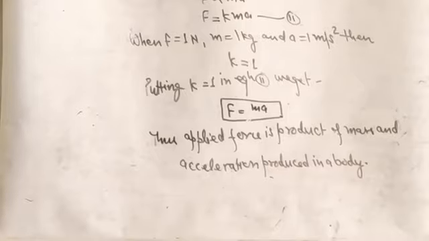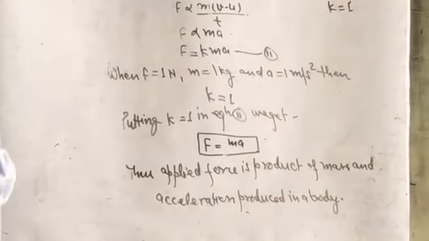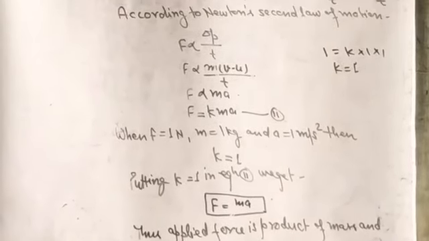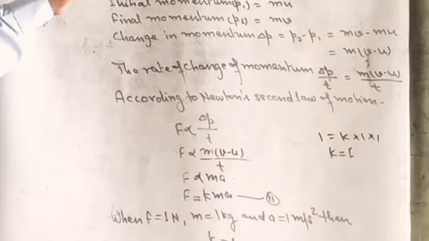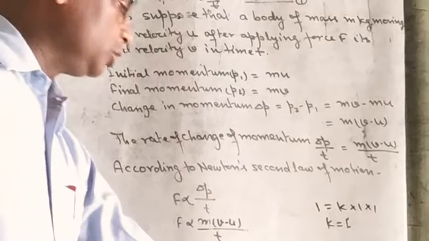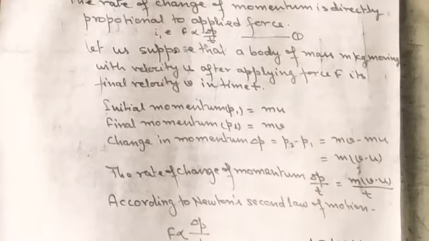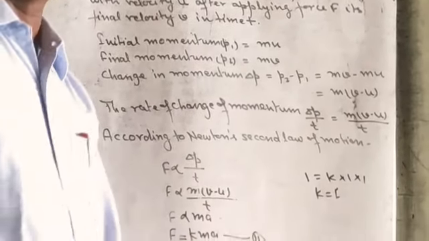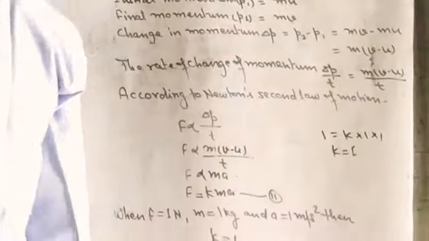Clear? This is Newton's second law of motion. Clear, all of you? Then Newton's second law of motion, this is what a few students are writing: applied force is the product of mass and acceleration produced in the body. Okay?